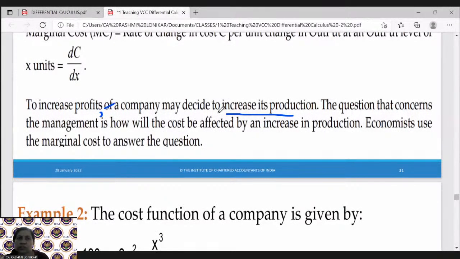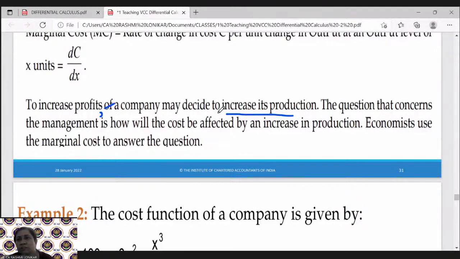So you have to see whether or not the increase in profits is matched. I cannot have only an increase in profit and no increase in cost. I will have to see what is the number of units I need to manufacture so that I get maximum profits.